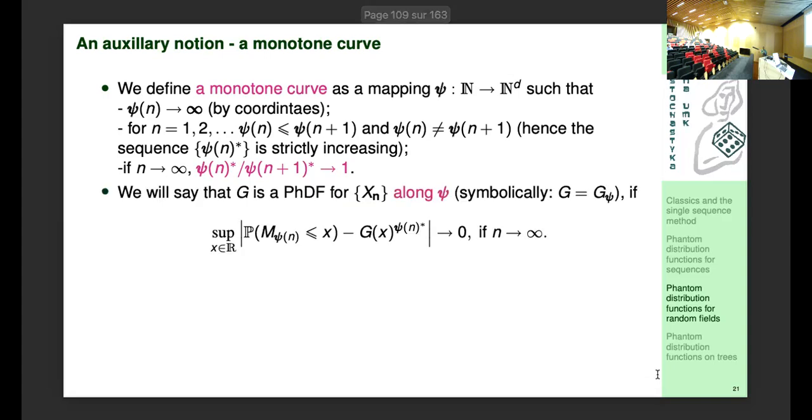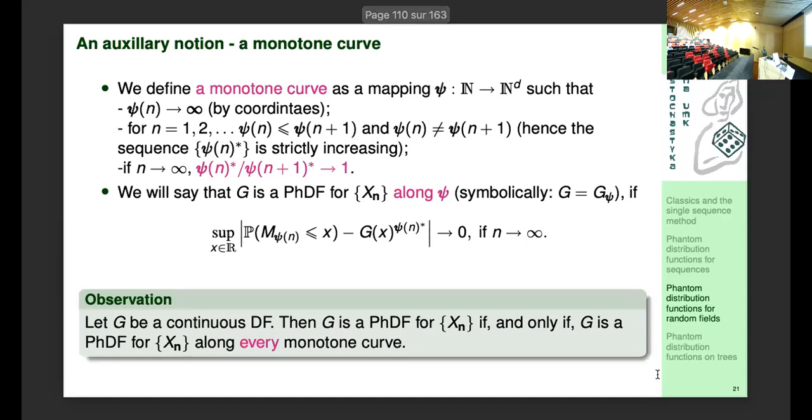So we can say that G is a phantom distribution function for this random field along such a monotone curve if we have a natural definition. This is the definition previously introduced, but only along a curve. Here we have a sequence of points. And we have an observation once again, but it is not a completely trivial observation.